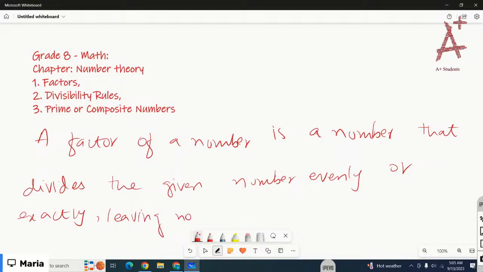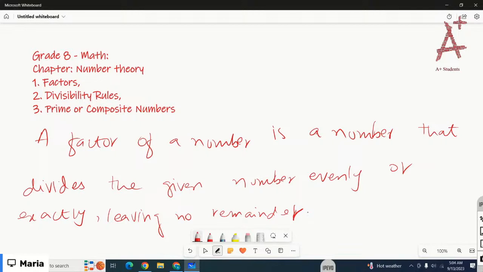That would be the factor. So a factor of a number is a number that divides the given number evenly or exactly, leaving no remainder. That would be the factor.